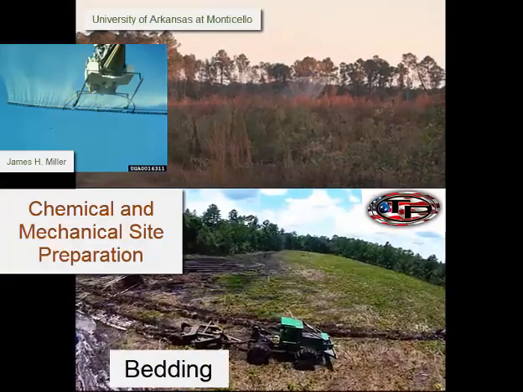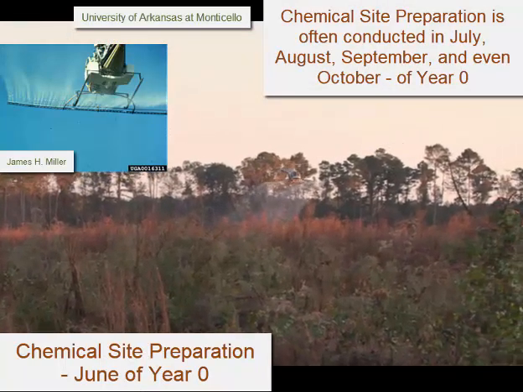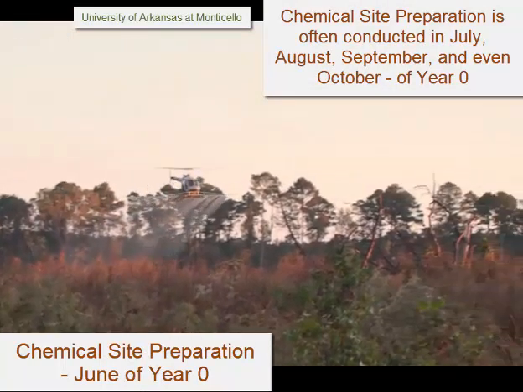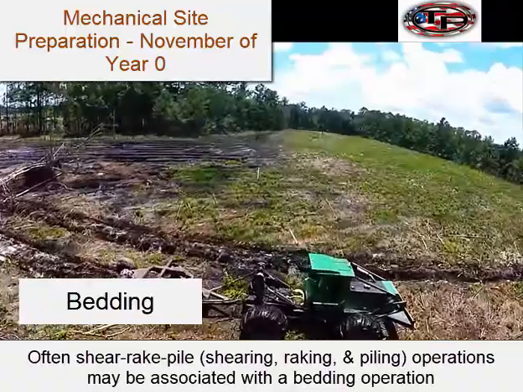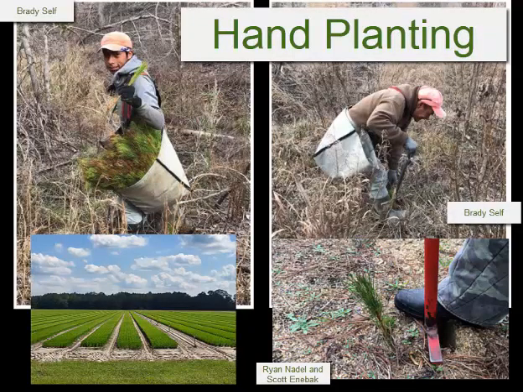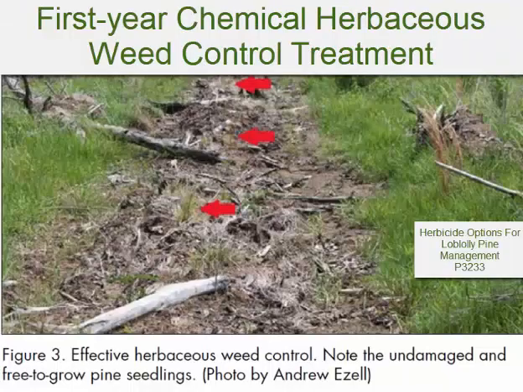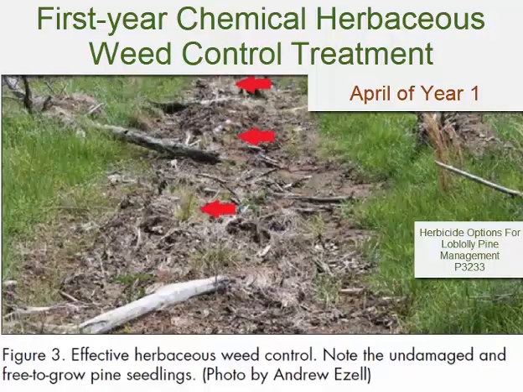We will use a combination of chemical and mechanical site preparation. A chemical site preparation treatment in June and a bedding treatment conducted in November. We will then plant in January and do a herbaceous weed control treatment in April of that same year.